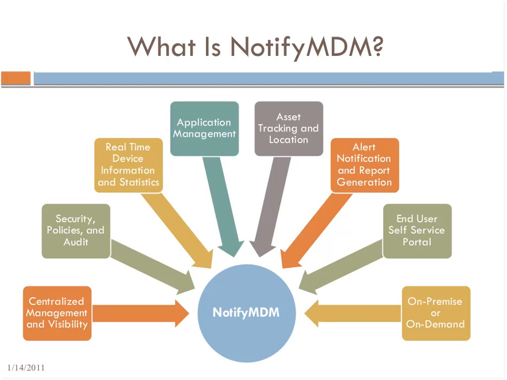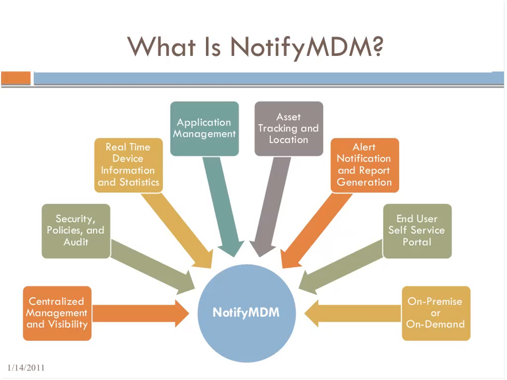On the application management side, we see the requirement becoming stronger and stronger for application control on the device. I only want to allow certain types of applications on my corporate-owned devices, or I don't want to see these applications on my corporate-owned device. So there's a lot of activity going on in this area.